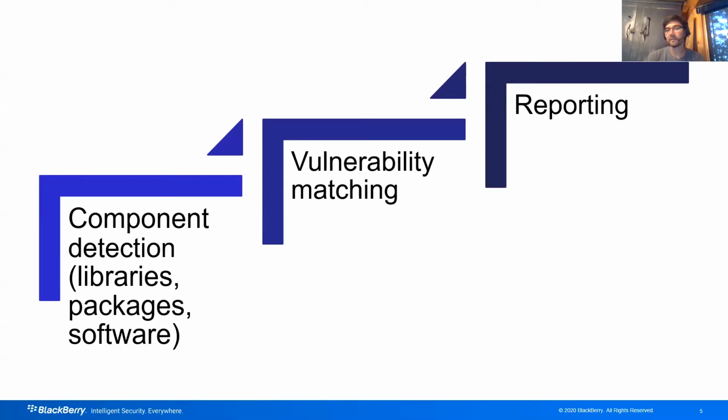Vulnerability matching is about, given the list of packages in the container image, the scanner takes the metadata of this image and matches the packages against known vulnerabilities in various security feeds. And finally, reporting. We're talking about the difference in the results and inconsistencies. We need to understand where those may be coming from.